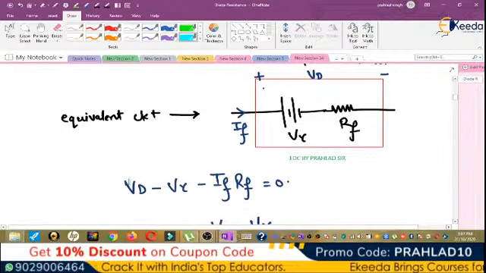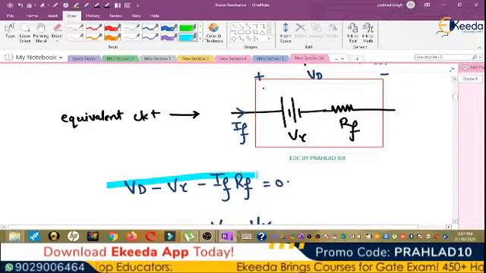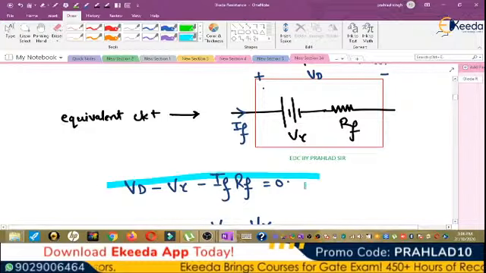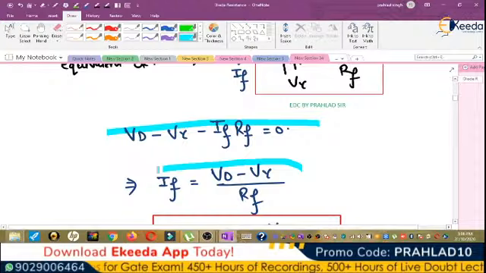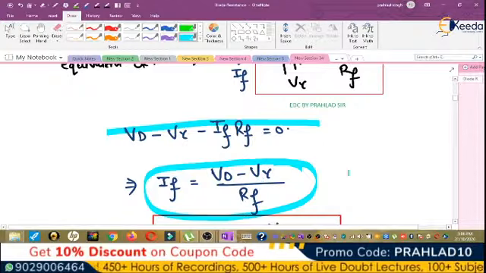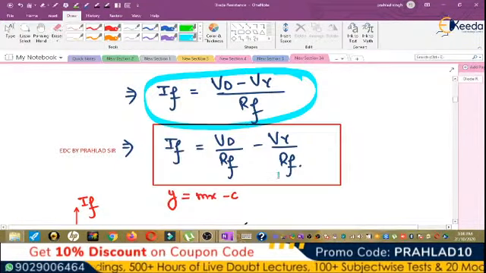When we apply KVL here, Vd minus V gamma minus IF RF is equal to 0. So we can calculate the value of IF: IF is Vd minus V gamma by RF, so IF is Vd by RF minus V gamma by RF.